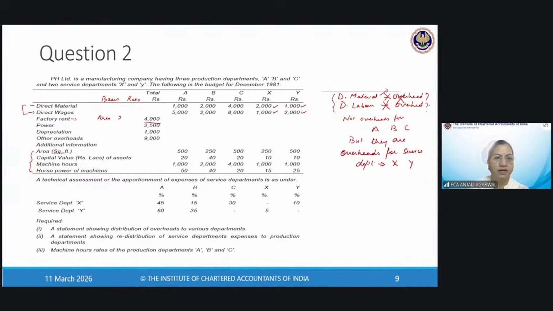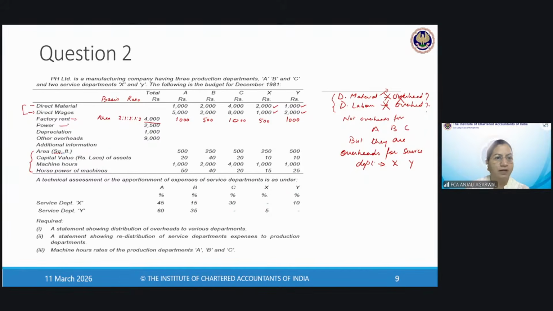So factory rent will be divided in the ratio of 2 is to 1 is to 2 is to 1 is to 2. 500 into 2, 1000, 500, 1000, 500, and 1000.